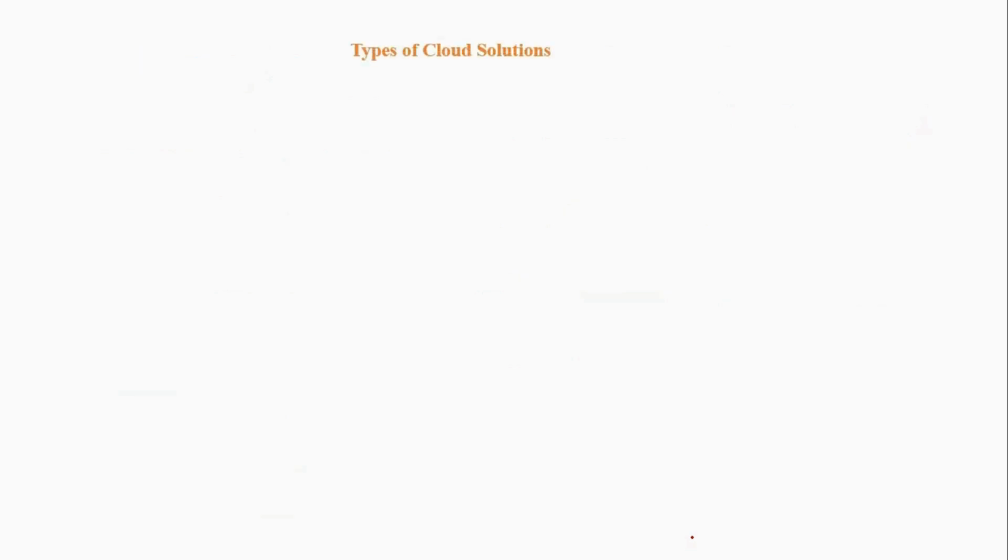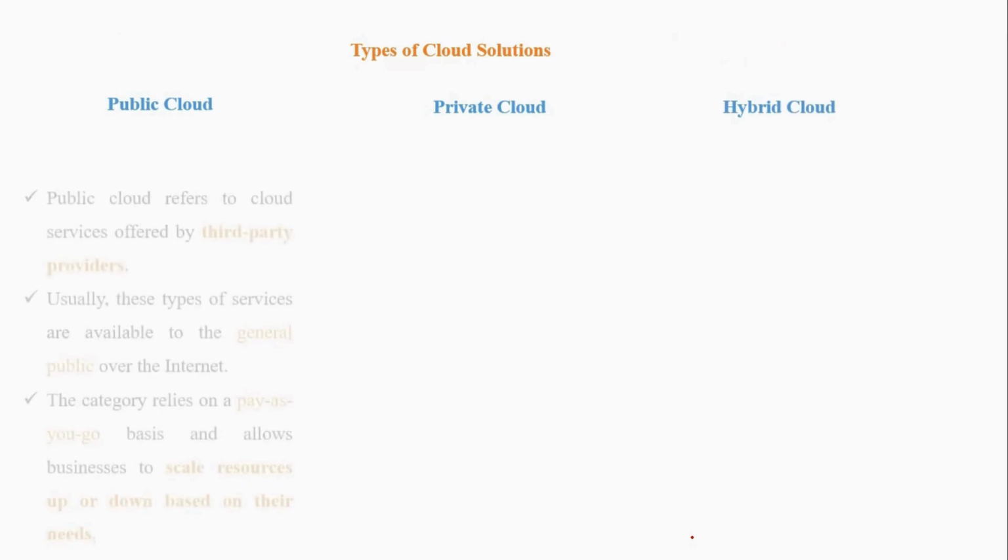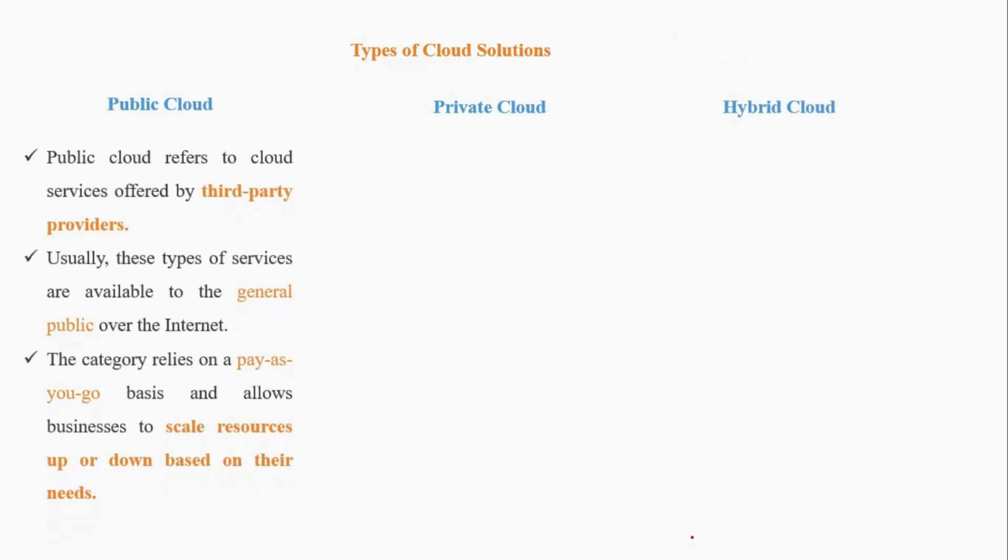So we have various cloud solutions for this, as we just discussed: public cloud, private cloud, hybrid cloud. Public cloud is a third-party provider. It's open to the public, and you only pay for the services that you're opting for.